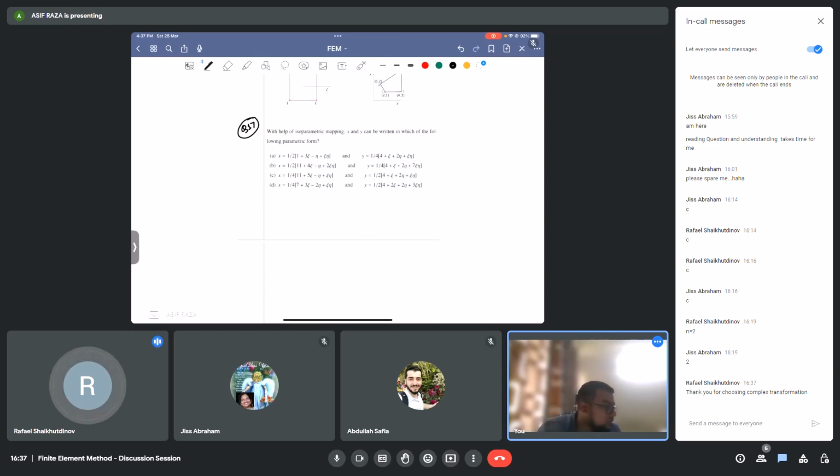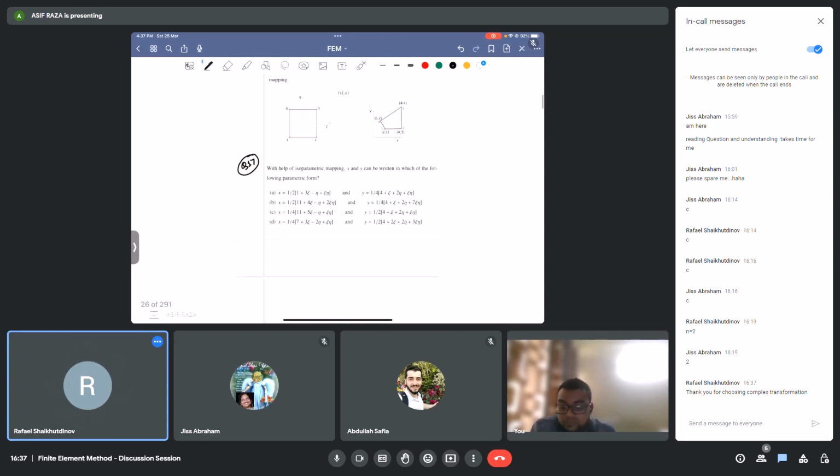I'm glad that you chose the transformation in such a way that our Jacobian will be dependent on psi and eta. I believe we need to start with the definition of x and y in terms of our nodal functions.